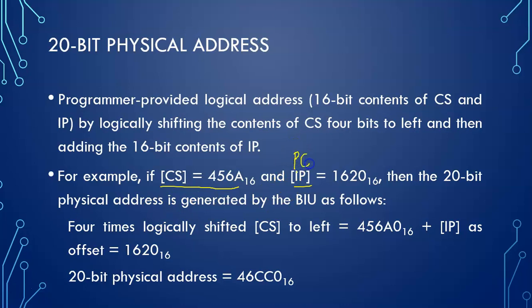Okay, same function as PC. So what you have to do, 456A, you have to shift to the left, so you can get 456A0. Just put 0. Okay, and then you have to add IP.